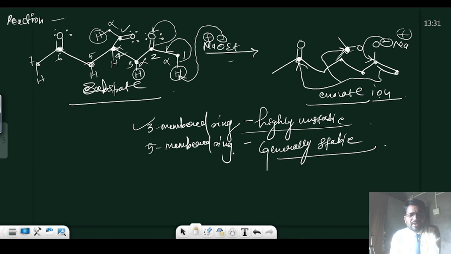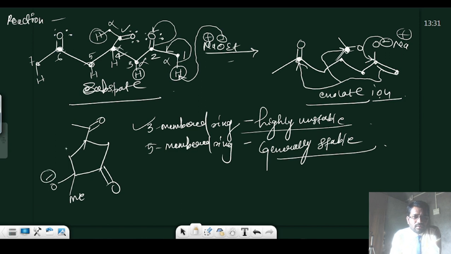But the problem is that if the 5-membered ring is generated over there, then after abstracting this particular proton, it will leave out from the reaction and there is a formation of a double bond over here.